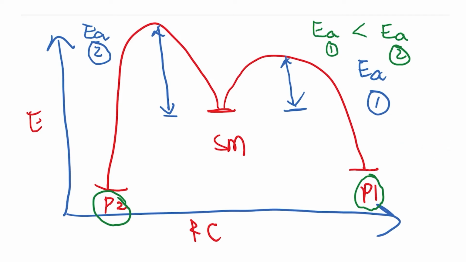So just to be clear here, if EA1 is less than EA2, no matter what the temperature is, okay, the product 1 is going to be formed much faster than P2. There is absolutely no doubt about this. That is, if this barrier is lower than this barrier, P1 is always going to be formed faster than P2.